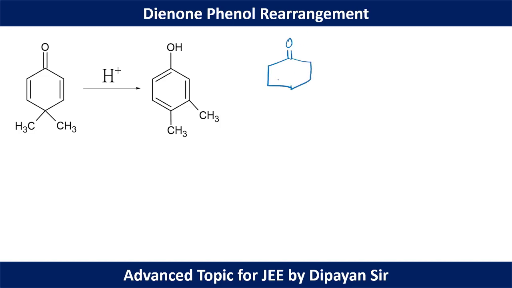So C double bond O, double bond C double bond C, we have two methyl groups in this position. Now if we add H plus, again the lone pair over oxygen will approach this H plus and this type of intermediate is formed, along with two methyl groups.